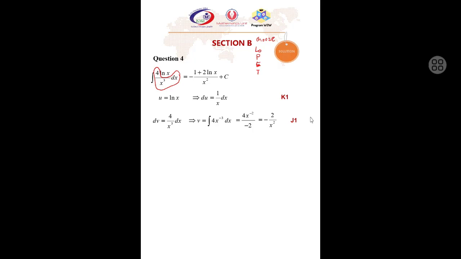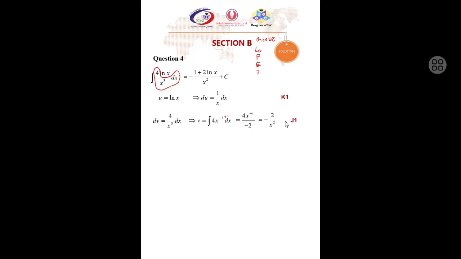Remember, for integration, you must add 1 to the power. So negative 3 plus 1, you will get negative 2, and then you divide by your new power, negative 2.